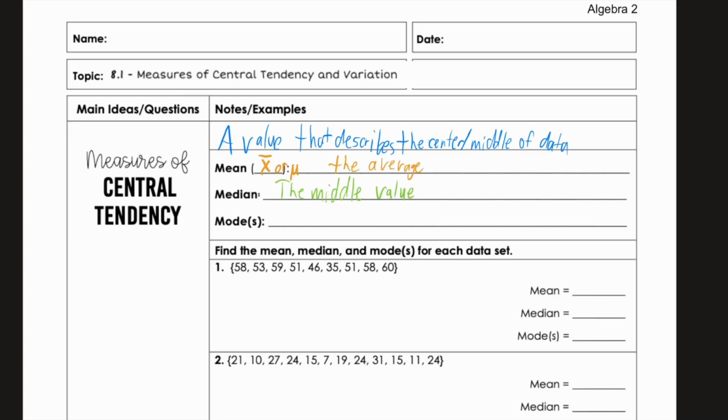If there are two terms in the middle, you average those two terms together. And then last, mode or modes is the most repeated value. Now, it is possible that there is no mode, and that is if every value is listed exactly one time, there would be no mode.